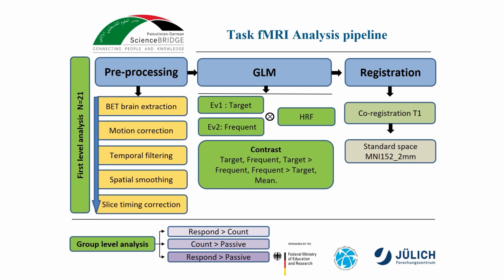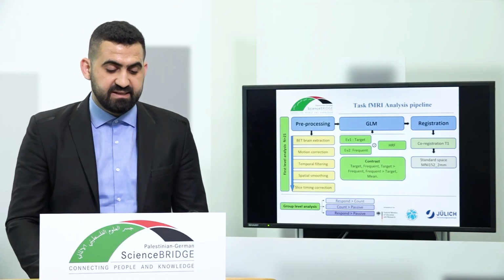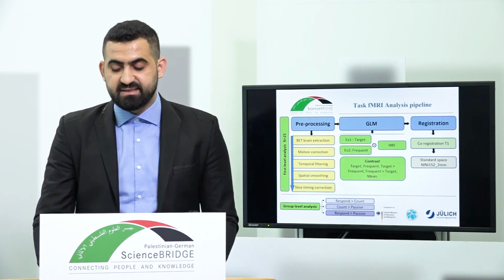And as soon as we got the activation regions, we co-registered these activation regions to the high resolution T1 images, then normalized to the standard space. And further, we did a group level analysis, and 3 different contrasts were created: respond more than count, count more than passive, and finally respond more than passive.